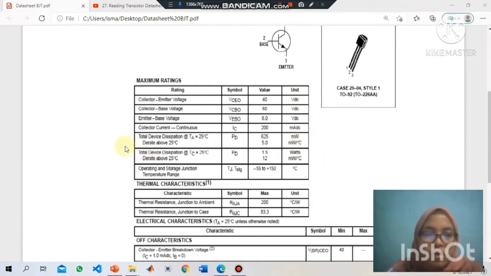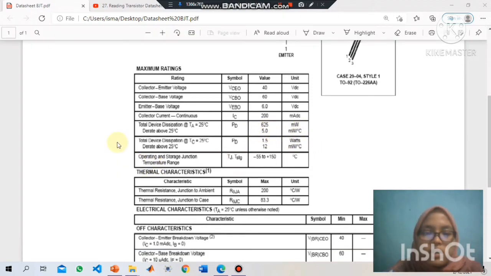If this device is derated above 25 degrees Celsius, we will have to derate the component by 5.0 milliwatt for every degree Celsius.